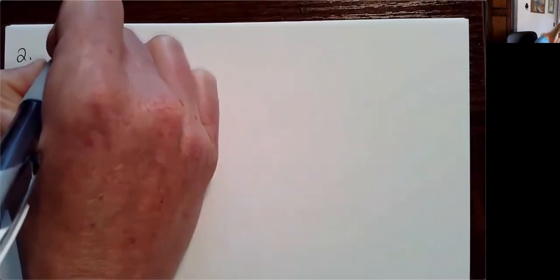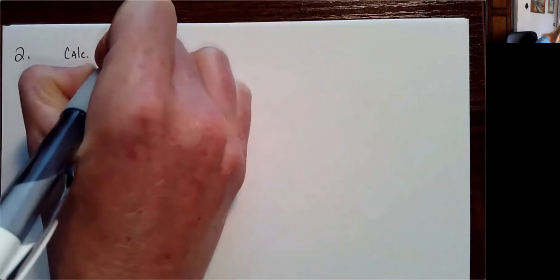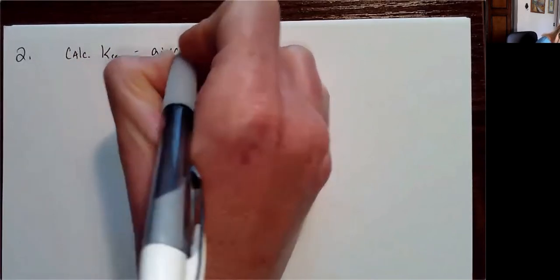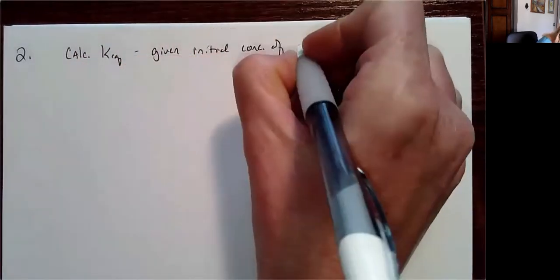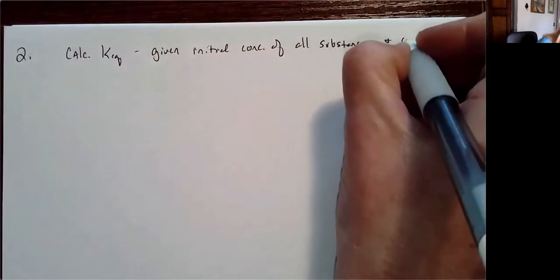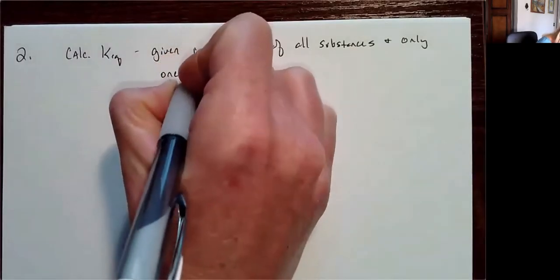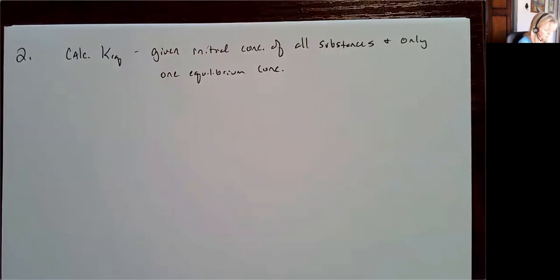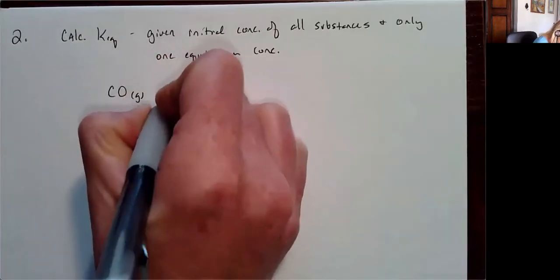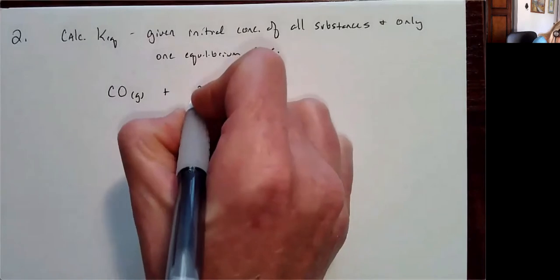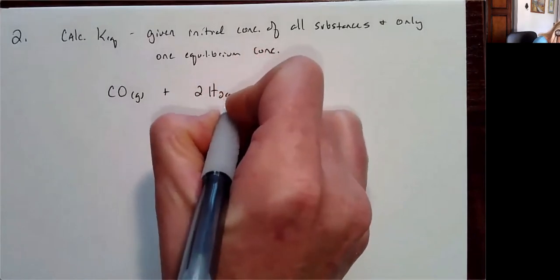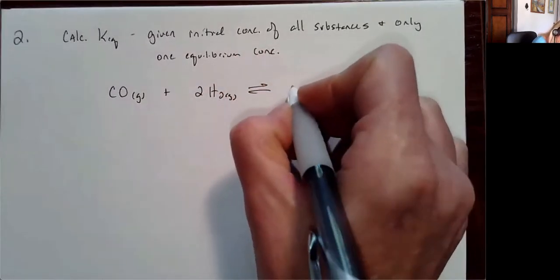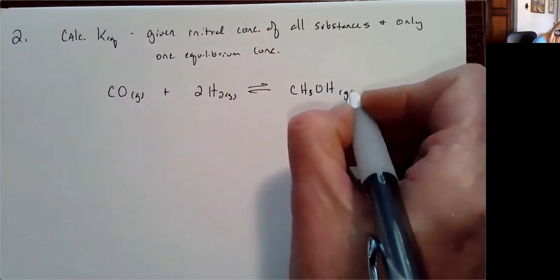So let's say scenario number 2, let's say I want to calculate my equilibrium constant, but I'm given initial concentrations of all substances and only one equilibrium concentration. So this is going to be a little bit more complex. So here's my equation. Carbon monoxide gas plus hydrogen gas is in equilibrium with methanol gas.